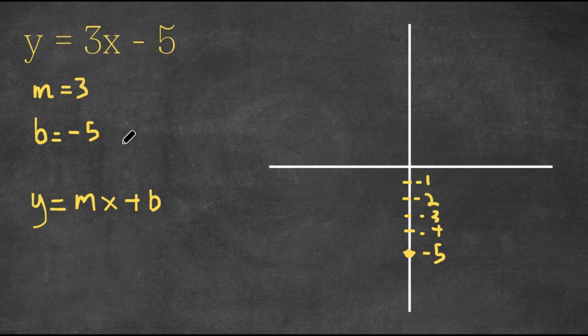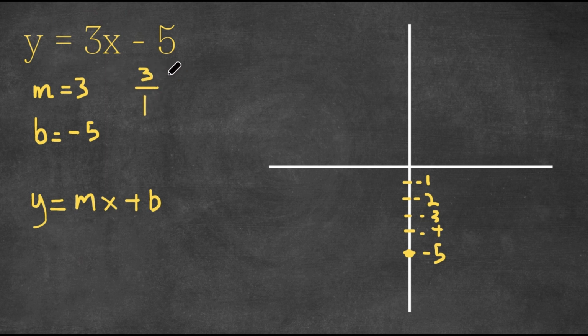So now that we've plotted our y-intercept, all we need to do is use our slope to plot more points. Well, our slope is 3, but our slope is always going to be a fraction. So the fraction form of a whole number is simply that whole number over 1, right? So the fraction form of 3 is going to be 3 over 1.